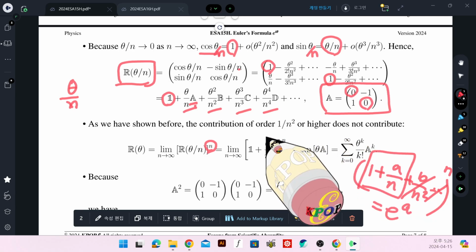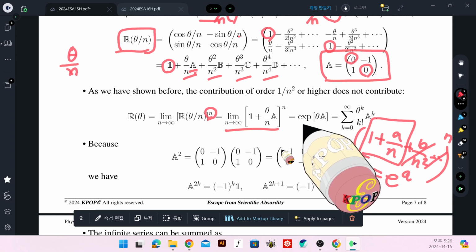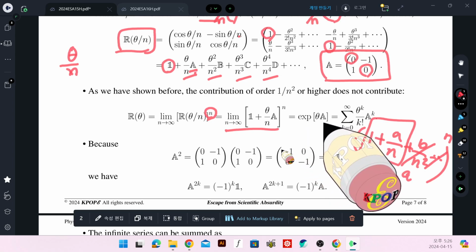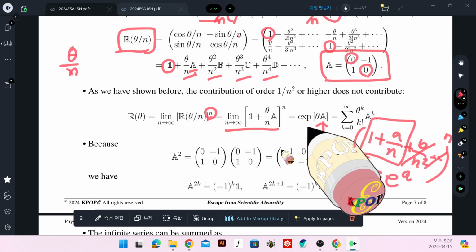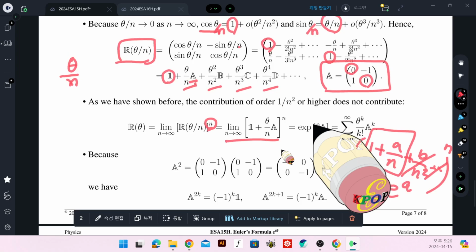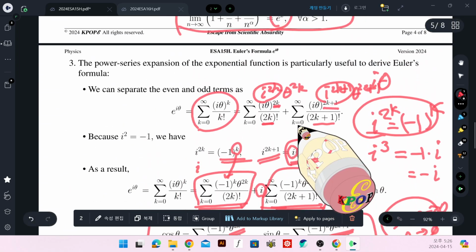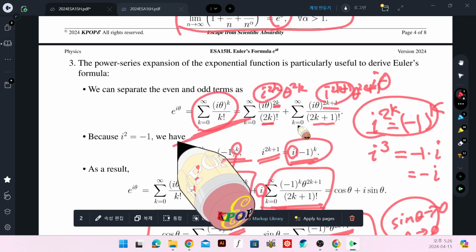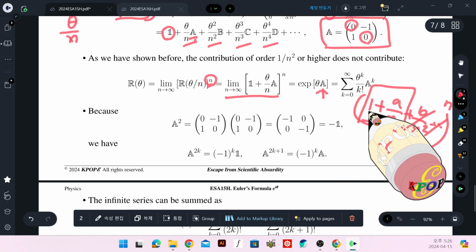As a result, we find this one is exponential of theta A, where A is a matrix. We do not know how to compute the exponential of a matrix. However, we know how to compute this by making use of power series expansion. Power series expansion is all known.